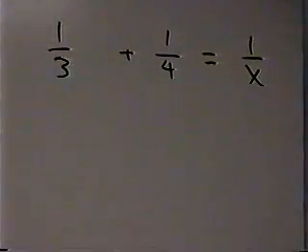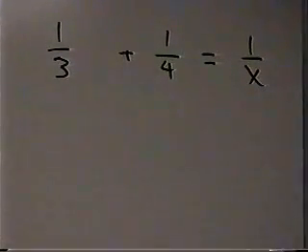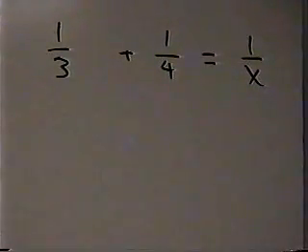Yeah, right. Pipe A fills a tank in 3 hours while pipe B takes 4 hours. How long will it take to fill the tank if both are working? Now, the way this kind of work goes, you're going to look at what gets done in 1 hour. How much of the job gets done by pipe A in 1 hour?